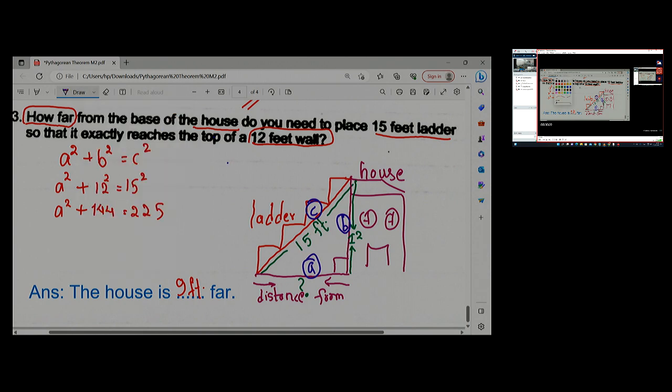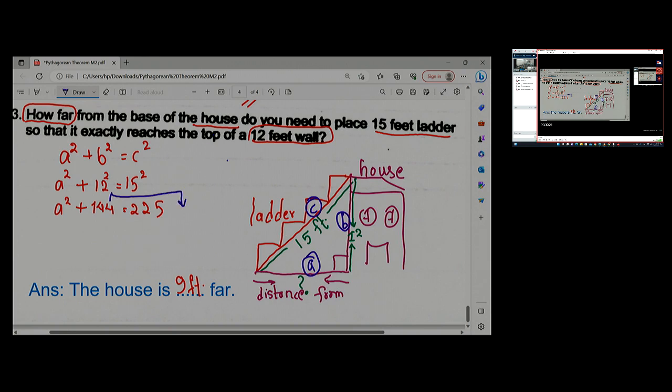So now we move 144 here. We get A square is 225 minus 144. A square is 81.